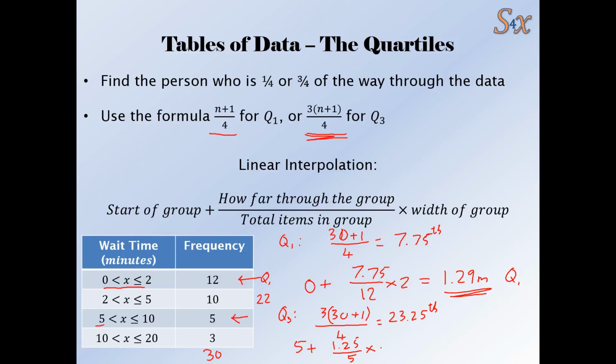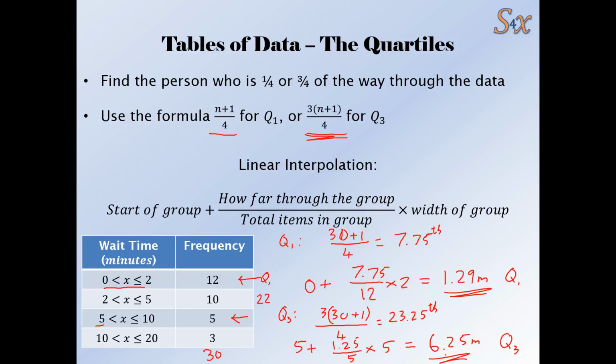It's all the way from 5 to 10, so it's got a width of 5 minutes. And I shove all that in the calculator, and we get 6.25 minutes. And that's my estimate of Q3.